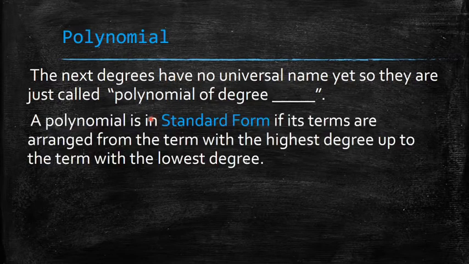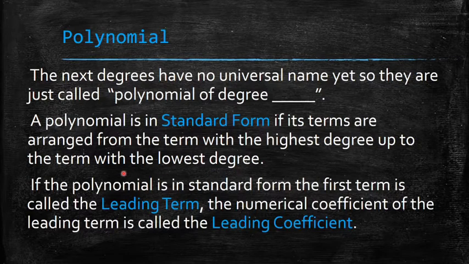Now, a polynomial is in standard form if its terms are arranged from the term with the highest degree up to the term with the lowest degree. If the polynomial is in standard form, the first term is called the leading term. The numerical coefficient of the leading term is called the leading coefficient.